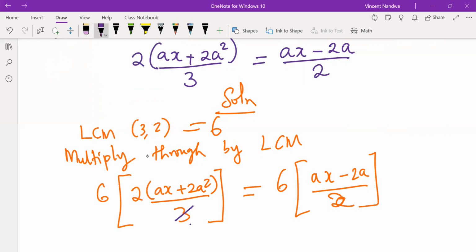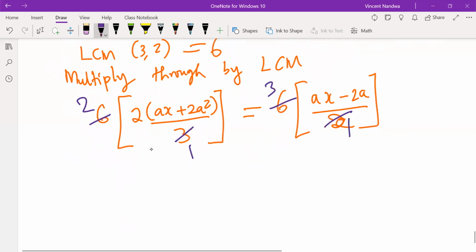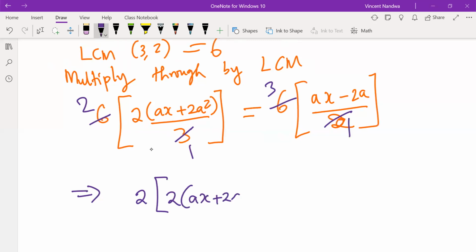So clearly this will be 1, this is 2, this is 1, this is 3. Which means we'll have 2 into (ax plus 2a) squared equals 3 into (ax minus 2a).